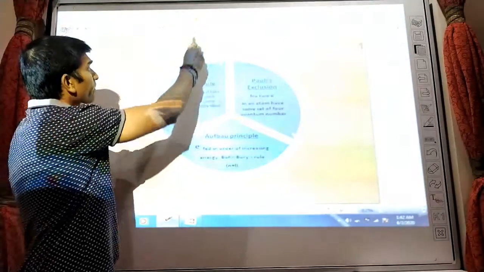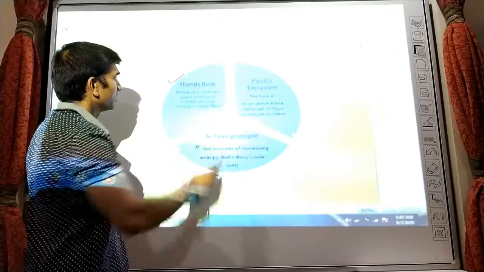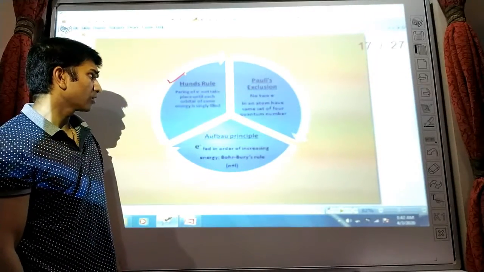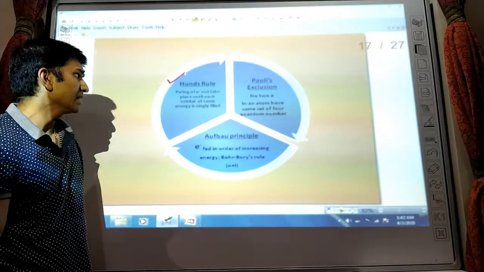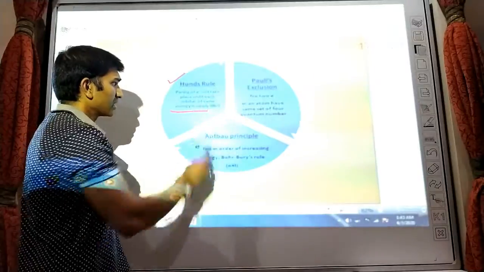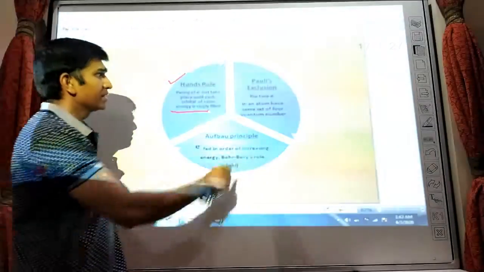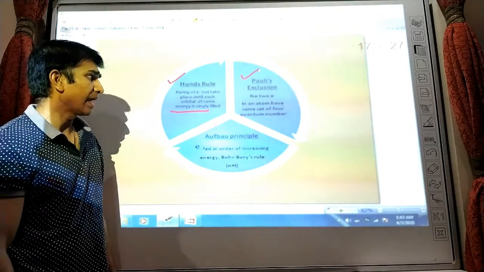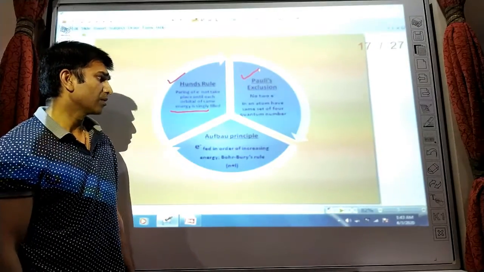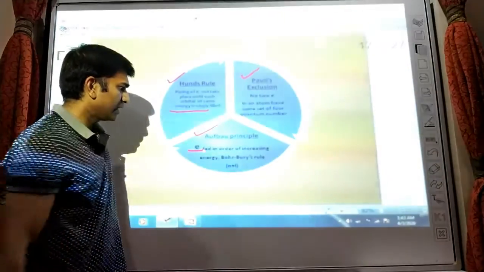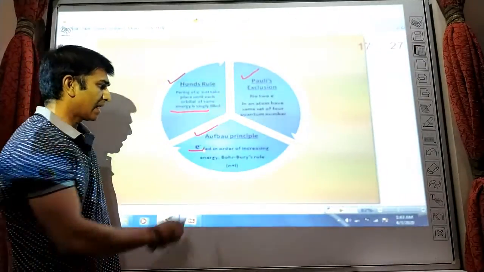One is Hund's rule: pairing of electrons does not take place until each orbital of the same energy is filled. Pauli's exclusion principle: no two electrons in an atom have the same set of 4 quantum numbers. And the Aufbau principle, that is electrons fill in order of increasing energy.